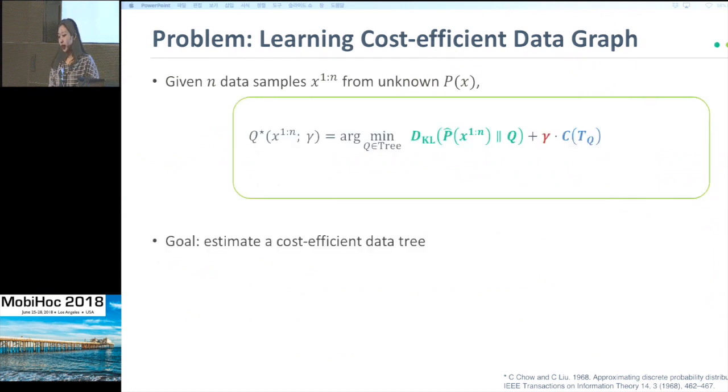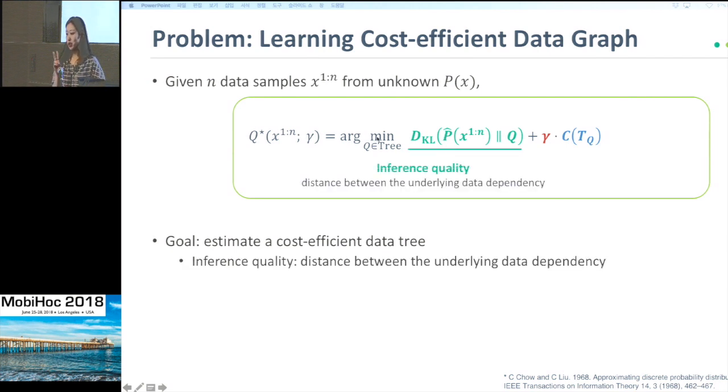To this end, we formulate this kind of optimization problem: given n data samples from the unknown joint distribution, we want to find the tree structure Q, which has this kind of objective function. Here we consider two kinds of metrics. One is the inference quality, which is represented as the KL divergence between the underlying data dependency from the n data samples and the Q tree distribution.